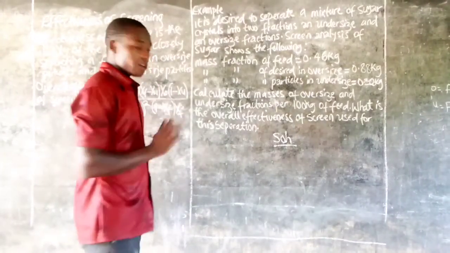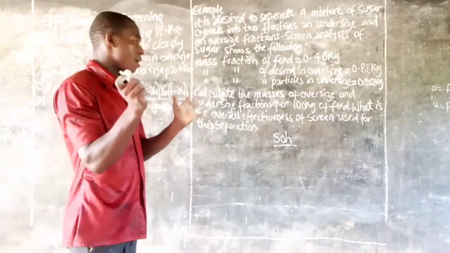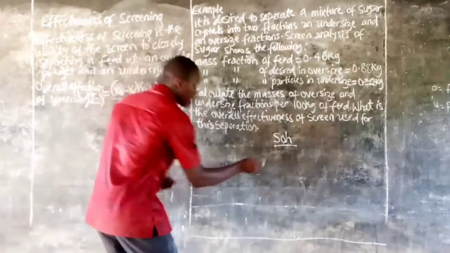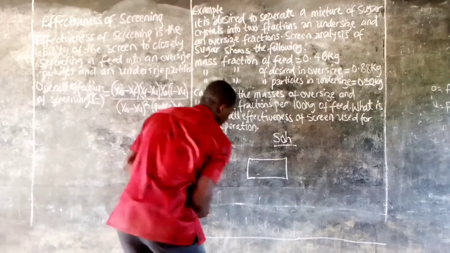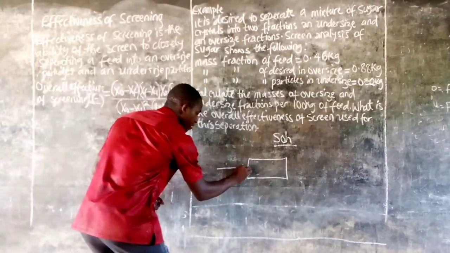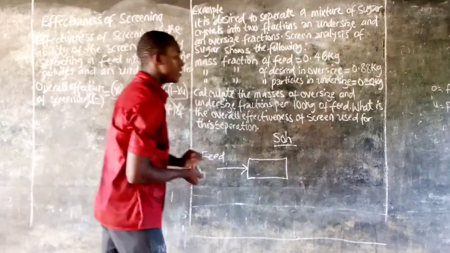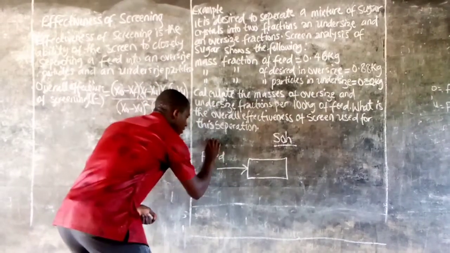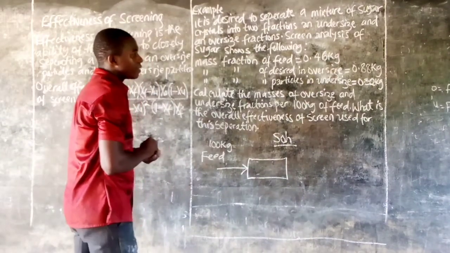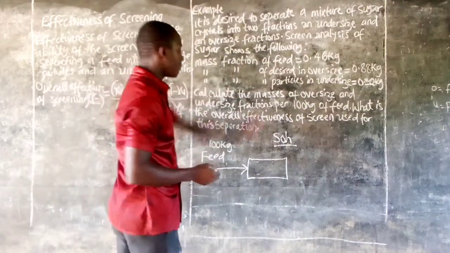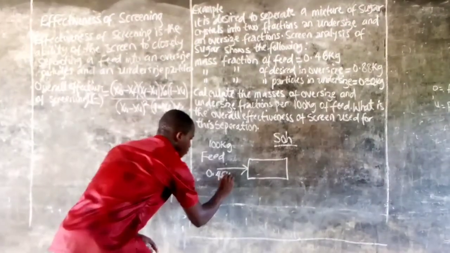First, we are going to prepare our material balance system. In this system they had a feed of 100 kg, and the mass fraction of the feed is 0.416 kg.